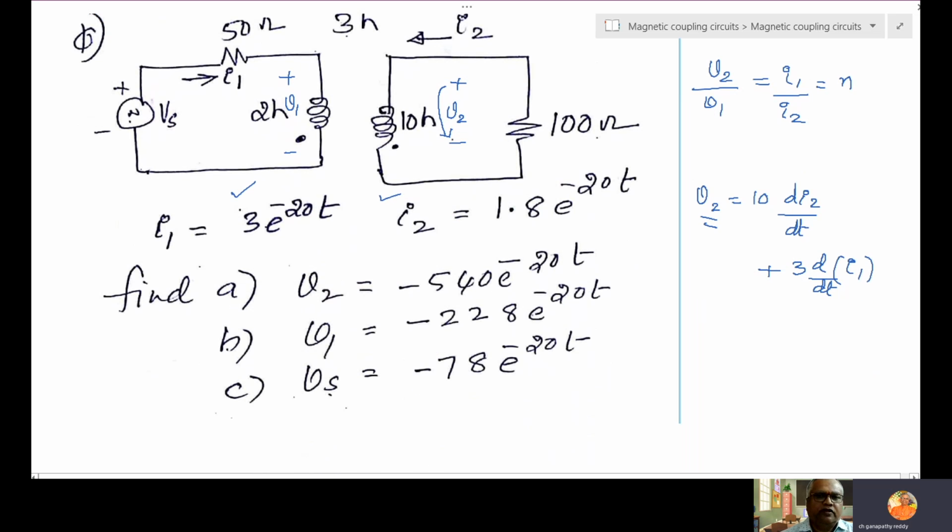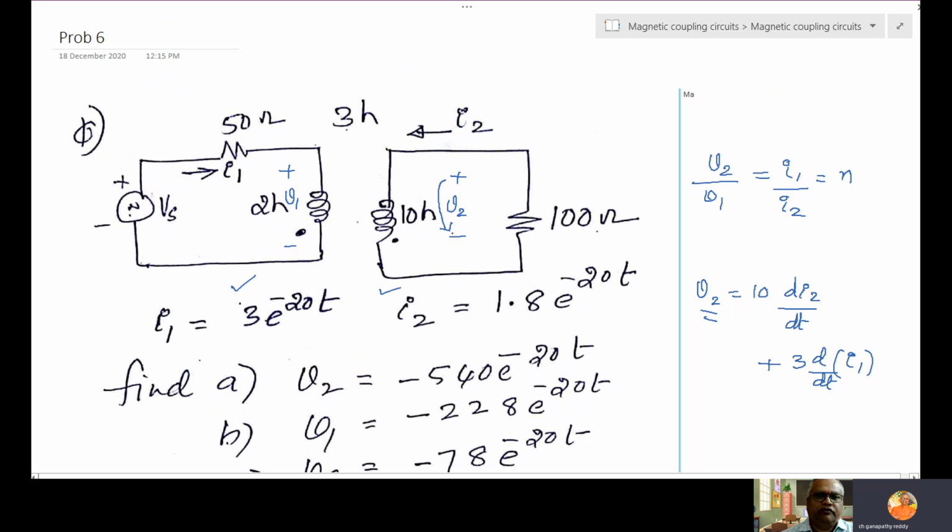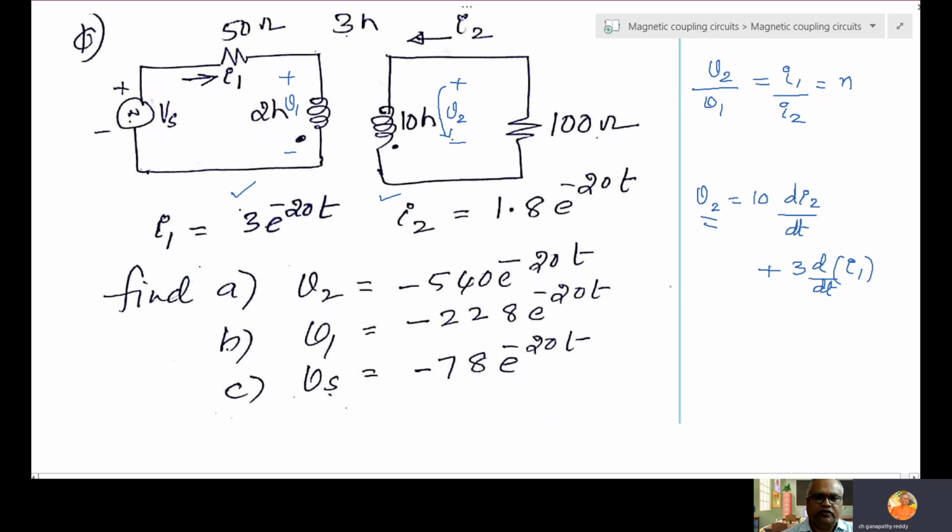Like that, V1 is also asked. V1 is again self and mutual. Just try yourself: what is the V1 expression? 2 di1 by dt, and I2 entering at undotted, sensing at undotted, once again plus, so the mutual M is 3 d I2 by dt. Substitute I1 and I2, simplify, and you will get V1.